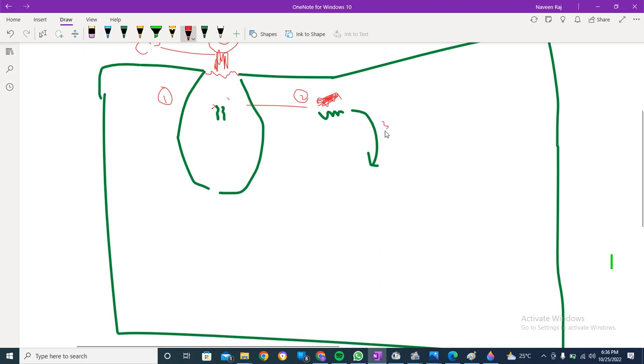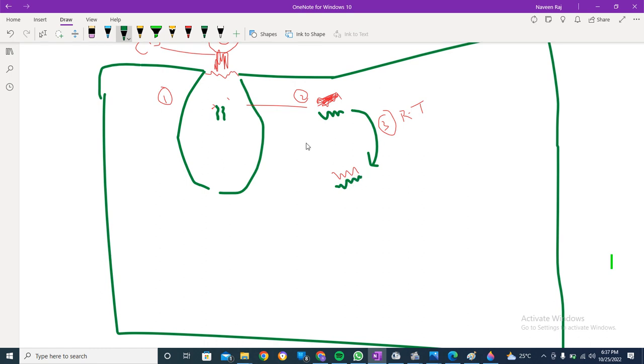Number three, it goes for reverse transcription. I'm writing RT, in case you don't understand what that means. What will happen is that a single-stranded complementary DNA will form along the RNA. Two single-stranded DNA will form.